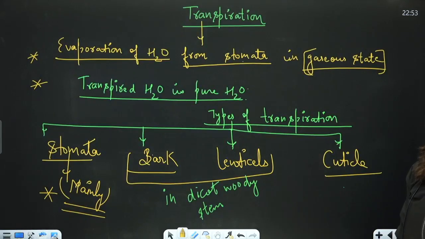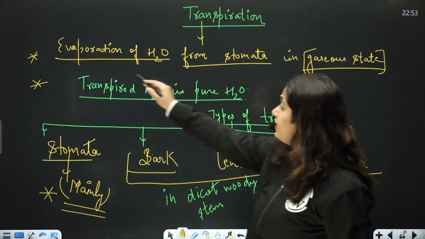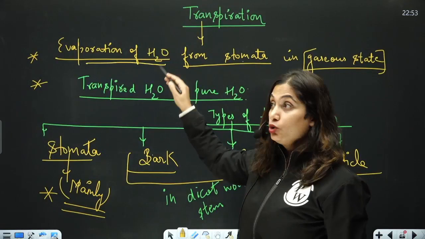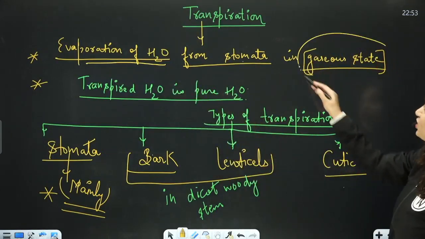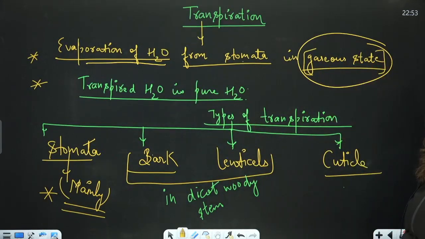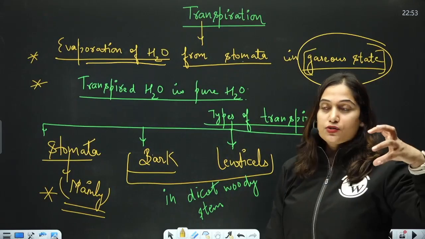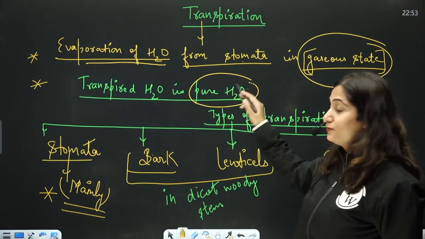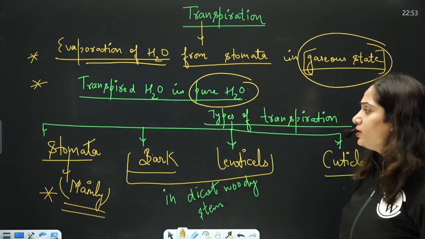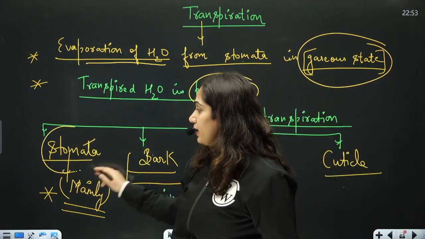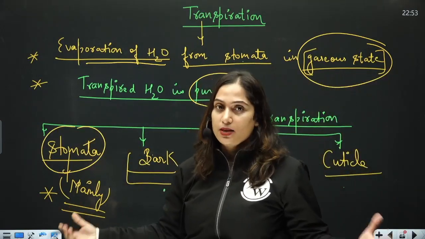Now what is transpiration? Transpiration is evaporation of water through stomata in the gaseous state. In guttation it was liquid state, but here it is gaseous state. And the water which comes out of stomata is pure water, right? Transpiration generally occurs through stomata present in the leaves or sometimes in the stem.